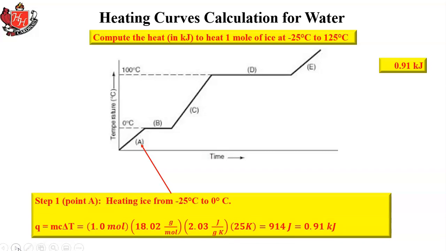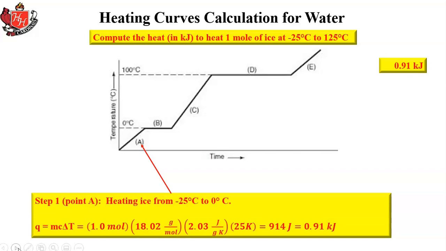Because a degree in Kelvin is the same as a degree in centigrade. If you increase the temperature by 25 degrees centigrade, that's also an increase of 25 degrees Kelvin. A degree on one scale is equal to a degree on the other. The only difference between the two scales is what they define as being 0. But as long as you're just dealing with temperature change, you can just say 25 Kelvin.